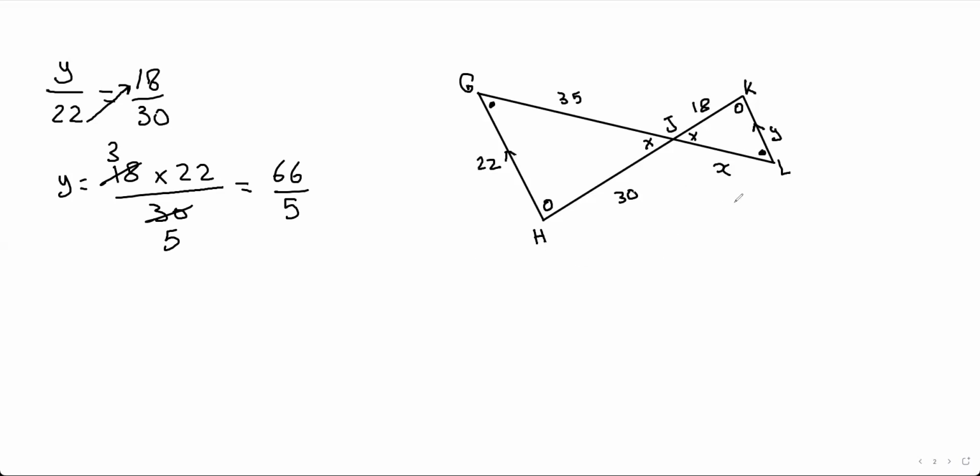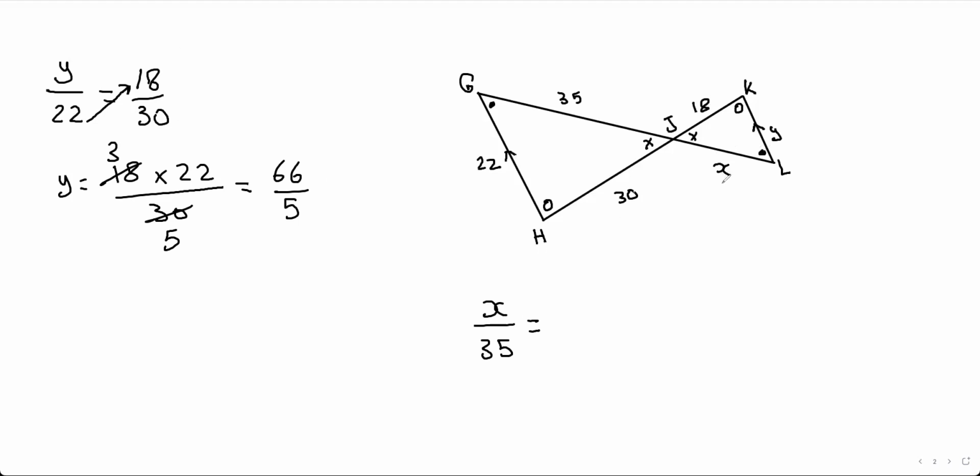Now let's go find the other unknown. So I'm going to start with the unknown. I'm going to go for x. I'm going to go x over, so x is from the little x here to the dot, and from the little x to the dot here is the 35 on the other triangle, so I'm going to put 35 into here, and then I'm going to use the same thing, 18 over 30.